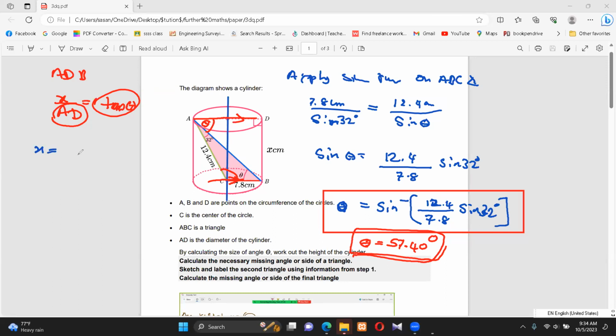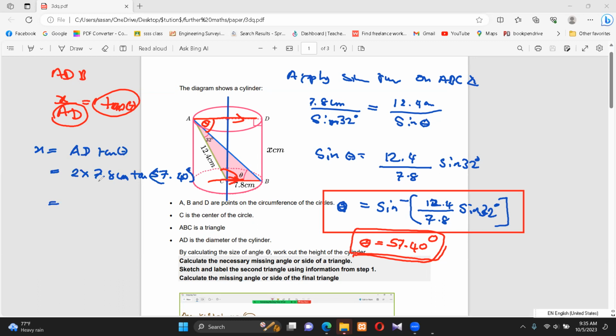Then x equals AD times tan theta. Now it's time to substitute all these values, then we can simplify it with the help of a calculator. This is 2 times 7.8 centimeters and tan 57.40 degrees, right? I still have that angle on my calculator.